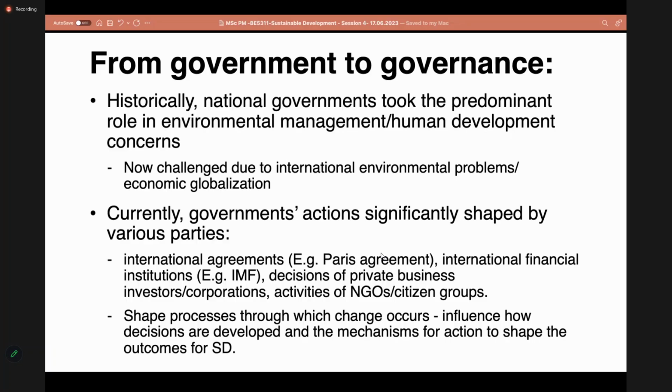And today we are talking about the IMF and all these conditions we have to fulfill. So again, our national level actions are affected by these financial institutions and even decisions of private business investors, corporations, and activities of NGOs and different citizen groups. They can all have an impact on the policies and actions that are taken at national levels to address these various issues.